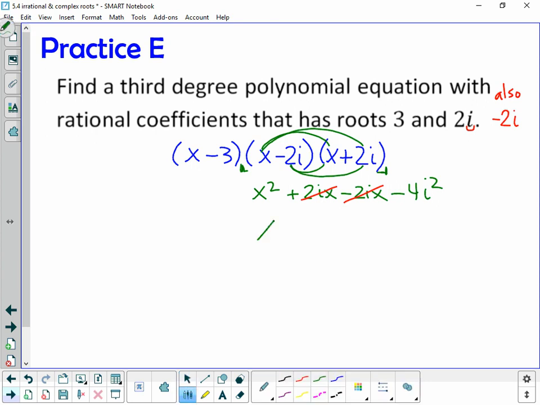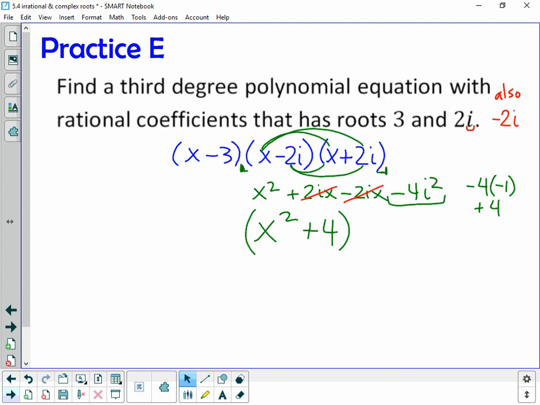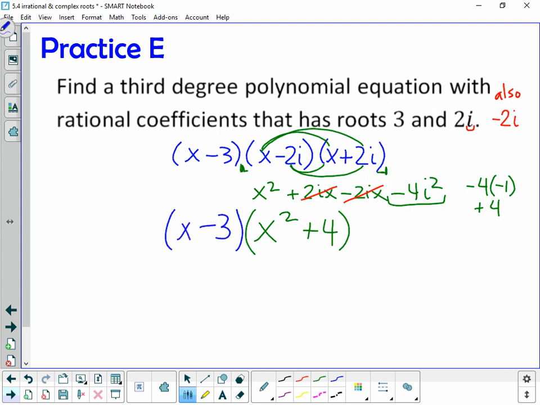So we have an x squared, and this last term, negative 4i squared, well, i squared is the same as negative 1, so this is really a positive 4. So we've multiplied those two factors together. We still need to multiply by x minus 3, and that will give us our equation in standard form.